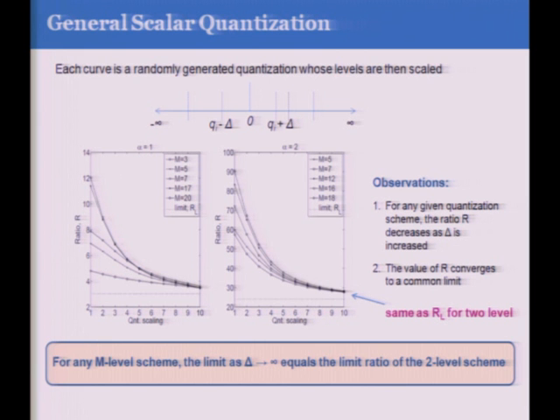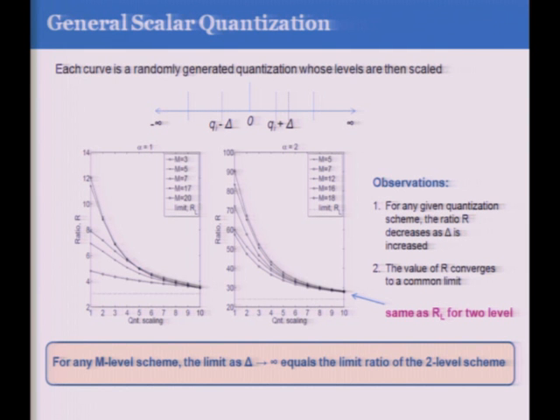So your efficiency improves as delta increases. As you make the quantization more coarse, you are getting more and more efficient, meaning the value of r goes down. The other surprising thing is that the value of r actually converges, and all of the curves converge to the same point.